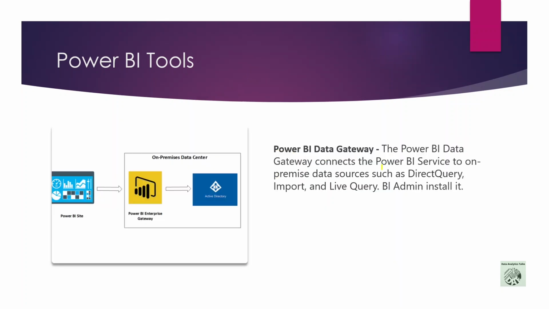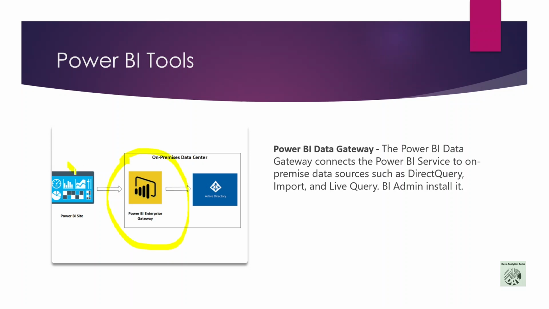Then we have something called Power BI Gateway. Suppose you want to develop a Power BI dashboard, but your data is sitting in your on-prem server, something within the organization. In order to connect to your database sitting in the organization, you need something called a gateway, an application gateway.